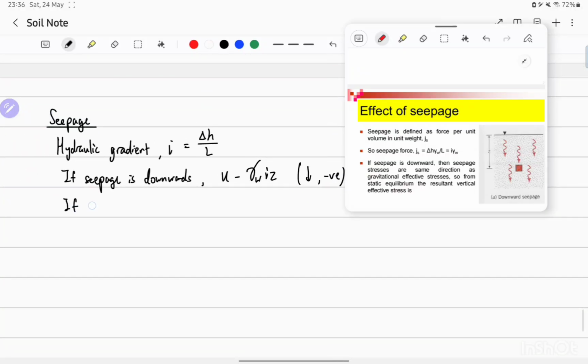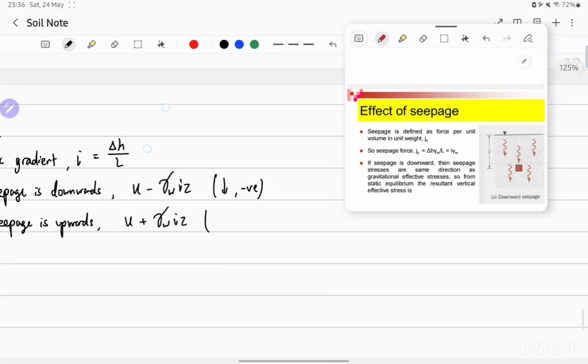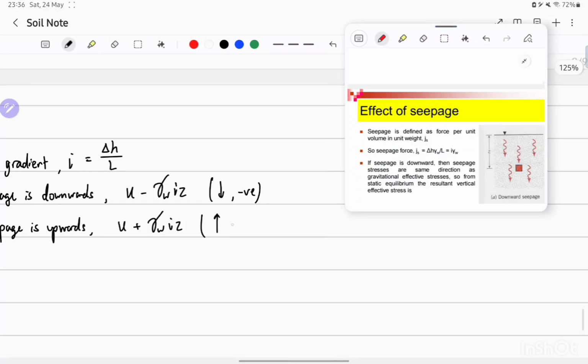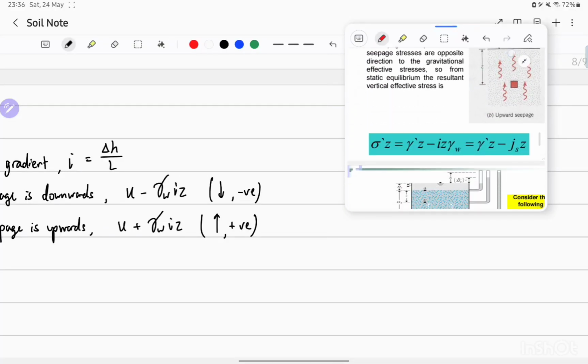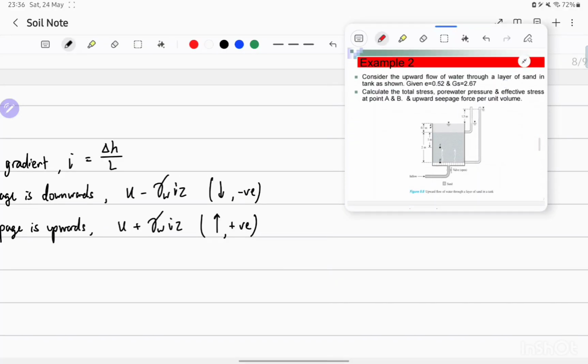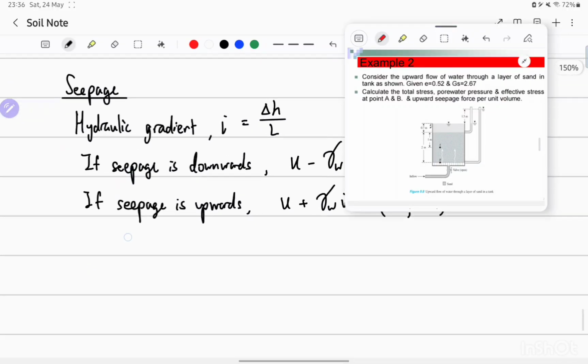And if seepage is upwards, your pore pressure must add the seepage force. So remember, if upwards, then positive force. So let's go to a question with upward seepage.